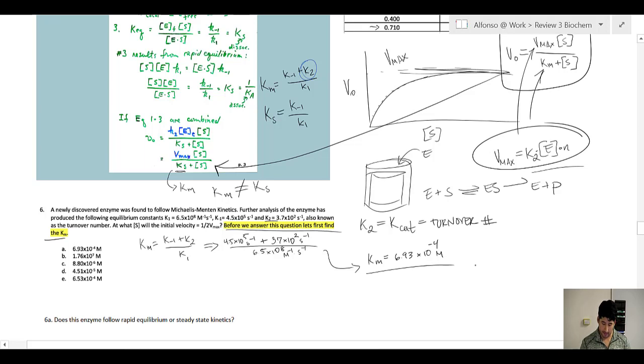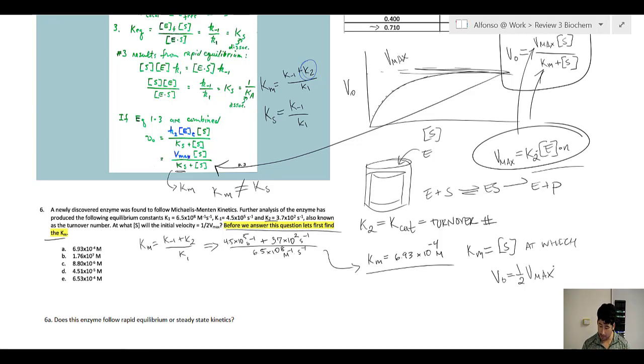So this is our Km value, and we know that that Km is equal to the substrate concentration at which your initial velocity is 1/2 of the Vmax. So it's only when the substrate concentration is equal to Km.